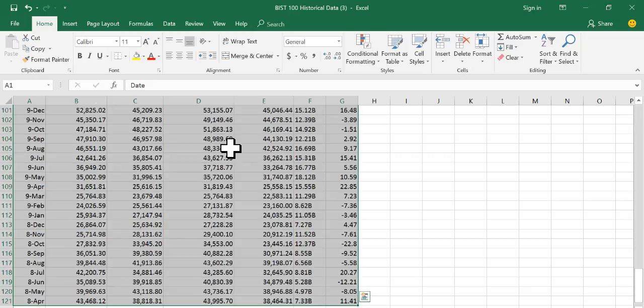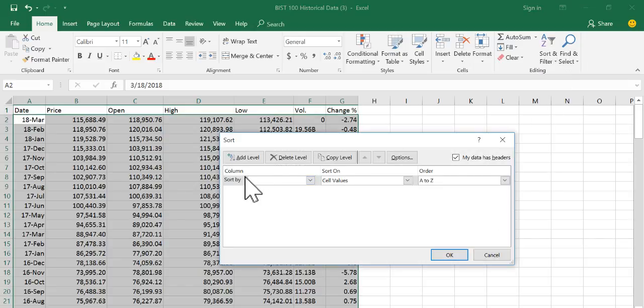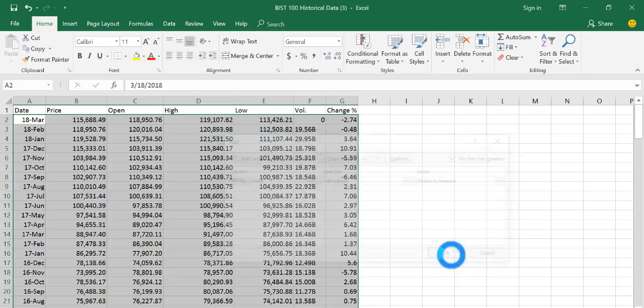So it will select all the data. So now we will go to the custom sort. Here you see sort by the date. Here they are saying oldest to newest. So we need this one, oldest to newest. So it will be ascending order. So I press this one.